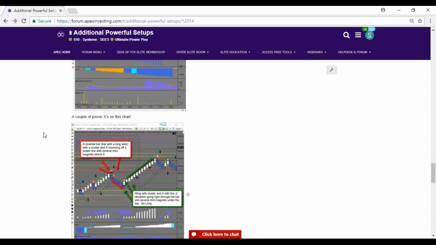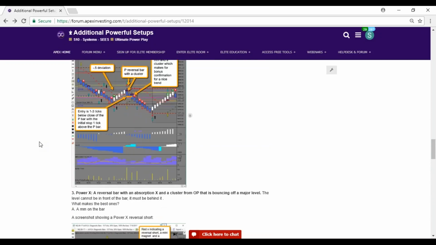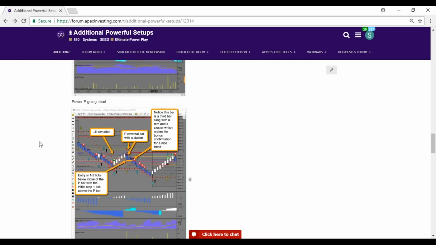On each one of these, or just about each one of them, we also talked about secondary entries, more entries, and we talked about how on several of these other entries can line up with other trades, right? Other power play trades. And when you have all those things together, man, it doesn't get much better than that. Okay? So, power play trades, powerful trades, all on one chart.